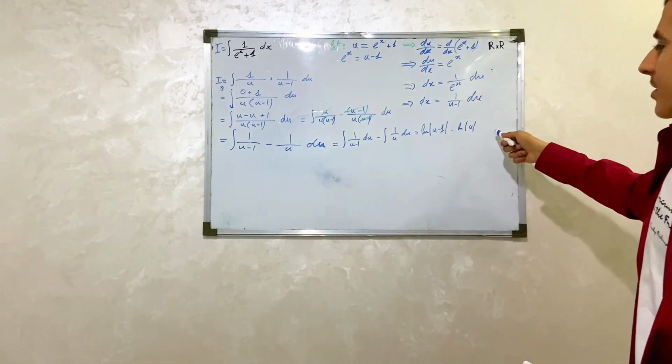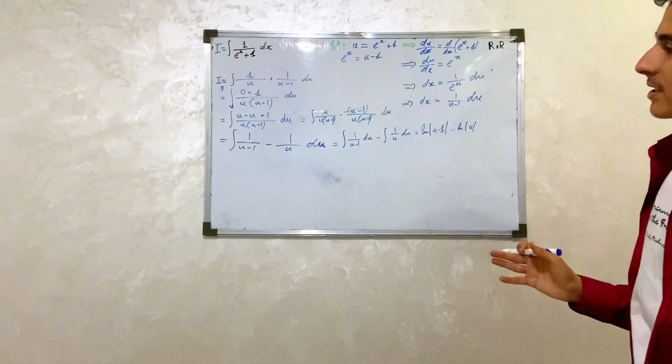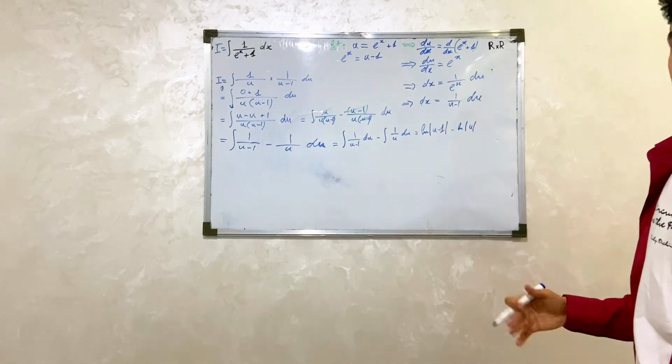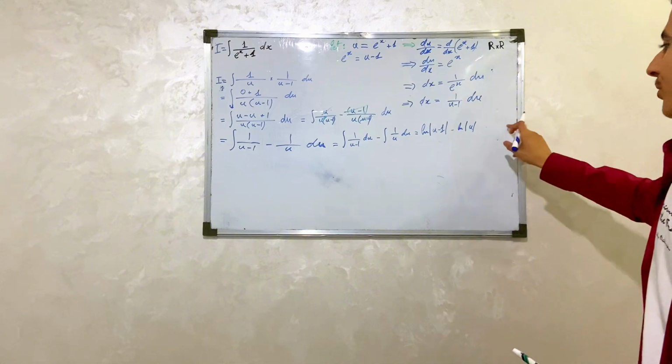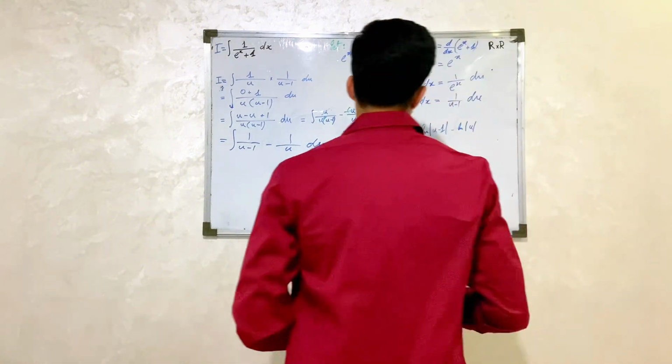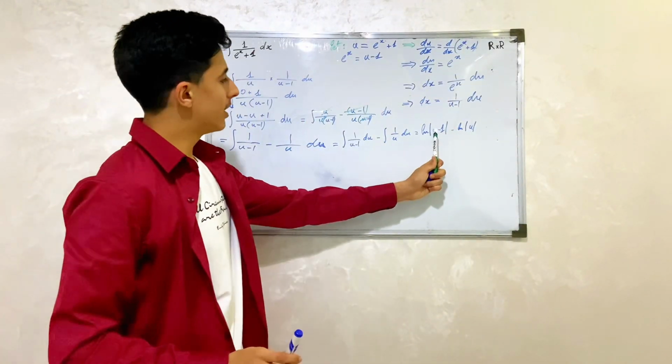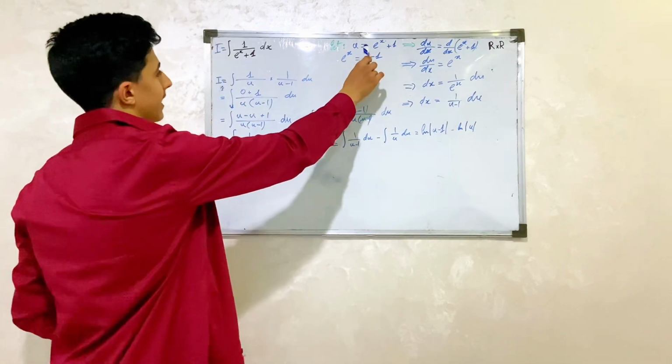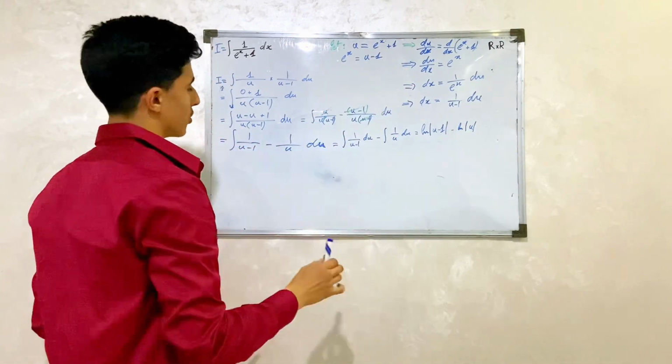We can add our constant here, but let's just keep it till the end so it doesn't bother us that much. So we know that u is e to the x plus 1. You can just substitute everything back.